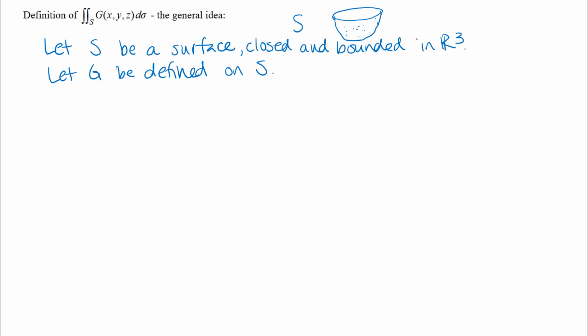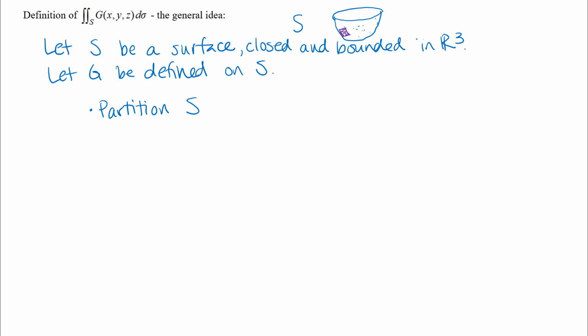And then as with all of our other definite integrals, there are several key ideas. For surface integrals, some of them are a bit more complicated, but I just want to talk about the basics here, and then we'll dig into the details in a minute. As with all of them, we're going to partition our region that we're integrating over. So in this case, we're going to partition our surface S. When we do that, we're going to take little pieces of the surface.